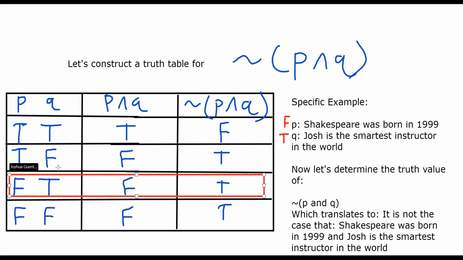False P, true Q. You don't care about this guy at all. This is just an intermediary to get you to the last statement. And so the truth value of the statement not P and Q is, in fact, true based on these inputs.